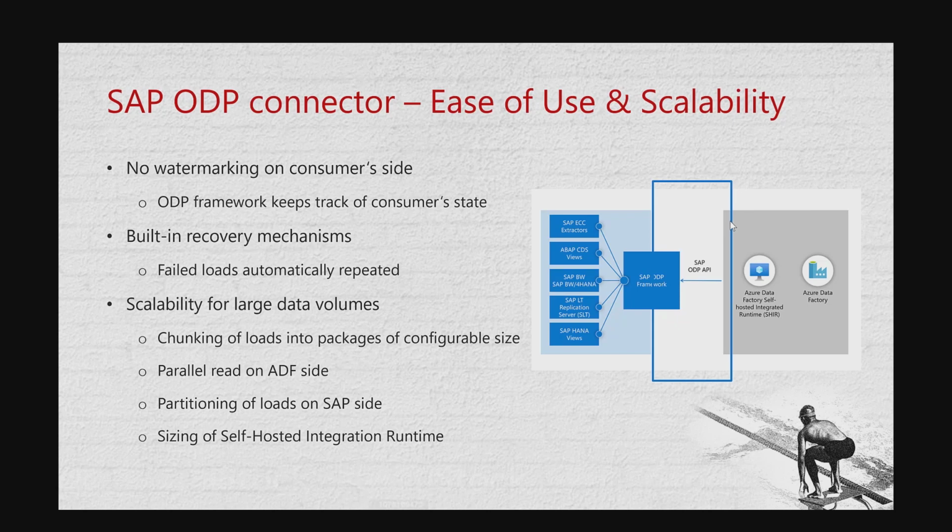So by this, you can also speed up large initial loads by partitioning them. And a last point which I would like to mention here is that adjusting the resources of the self-hosted integration runtime, in particular the CPU resources, also allows you to size and configure and scale the throughput of the data transfer between the SAP source system and Azure Data Factory or Azure Synapse Analytics.